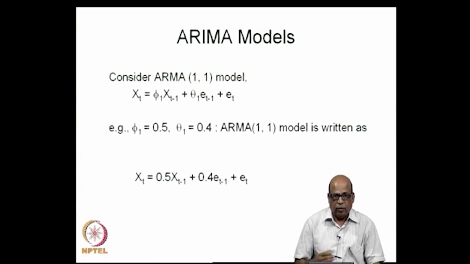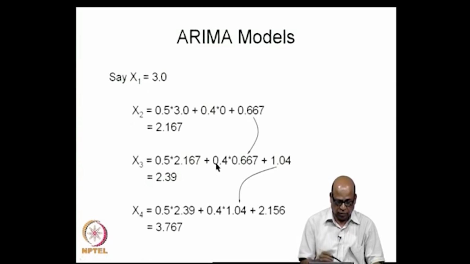When we are doing the model testing, let us say this is our model that we have built, we use this E t minus 1 as the E t that was used in the previous term, that is for t minus 1. I will explain what I mean by that. Let us say we start with the same value x 1 is equal to 3.0.